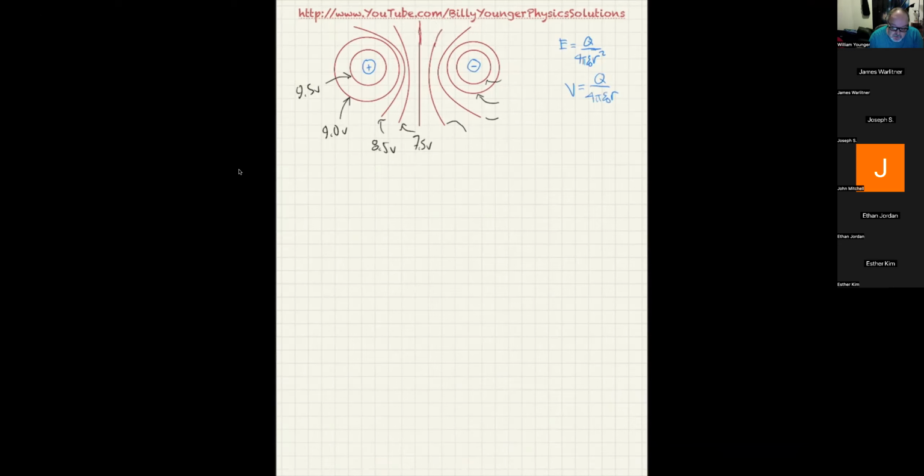This one right here is going to be 7.0 volts. This one's going to be 6.0 volts. This one's going to be, let's say, 5.0 volts, and let this one be 3.0 volts, and let this one be 1.0 volts. Okay, that would be much more realistic. Those are called lines of equipotential.